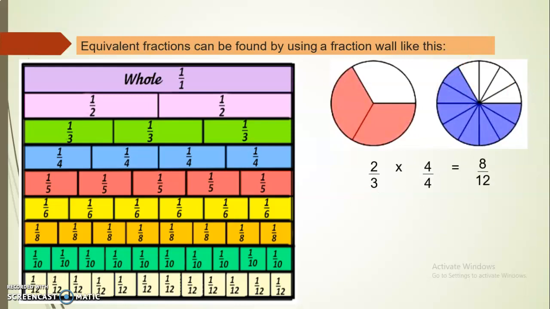So I can say 2/3 times 4/4 equals 8/12. They have the same amount, the same shaded part, the same value, but they are different in numerator and denominator. So I can say that 2/3 is the same as, or equivalent to, 8/12.